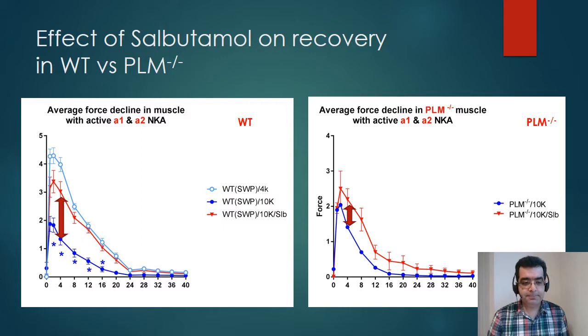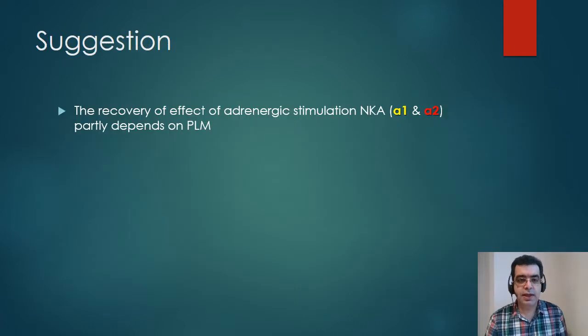If you look at these arrows that highlight the effect size of salbutamol, it suggests that phospholemman is important in transmission of the salbutamol effect to the pump, because here we have phospholemman, here we don't have phospholemman, and the effect is reduced.